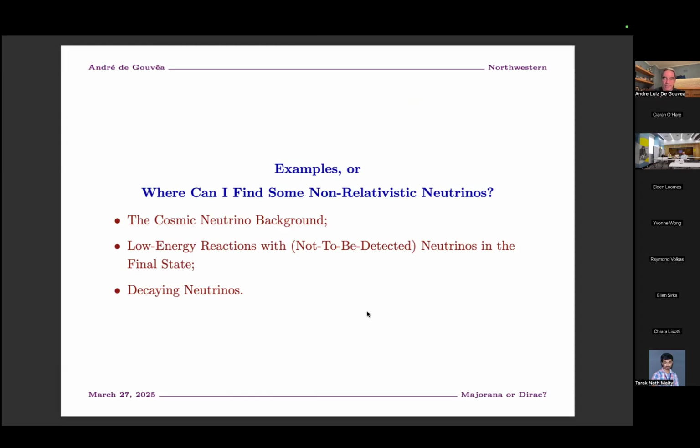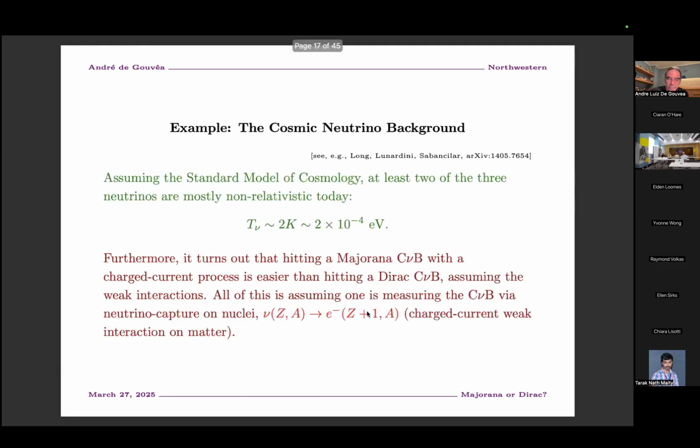So we can talk about having low energy neutrinos as a final state of my detection and not having the neutrinos be in the initial state. And then the third possibility, it turns out, is we can look at neutrinos as decaying particles. The important point here is that if you have a particle that decays, it clearly has a mass, and the mass will be very visible. I'll try to make that more clear later on.